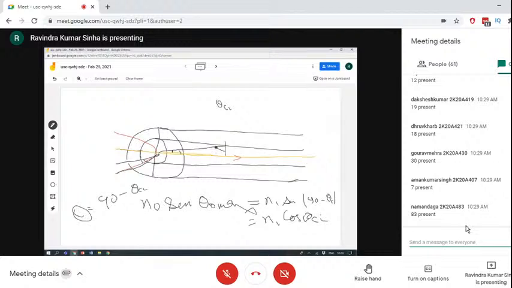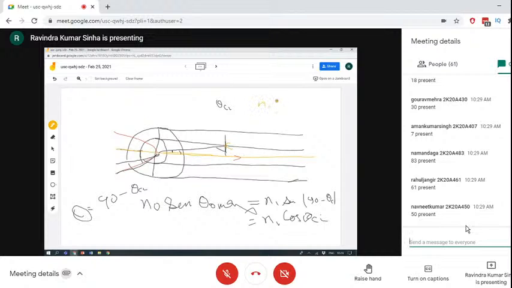Okay, and now at this point, what is happening? Here you have to apply Snell's law. So this angle will start when beyond the 90 degrees. So if you apply it there, then what will happen?